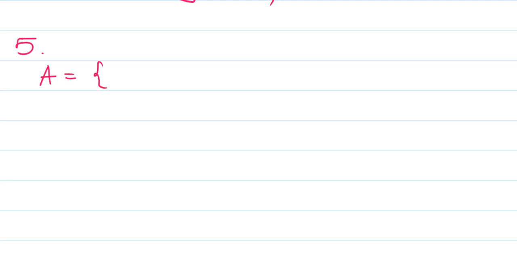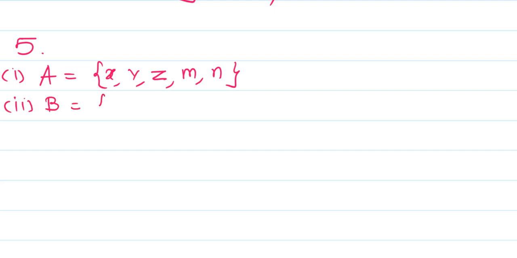A is equal to X, Y, Z, M, N. This is first. Second, B is equal to P, Q, R, M, N.